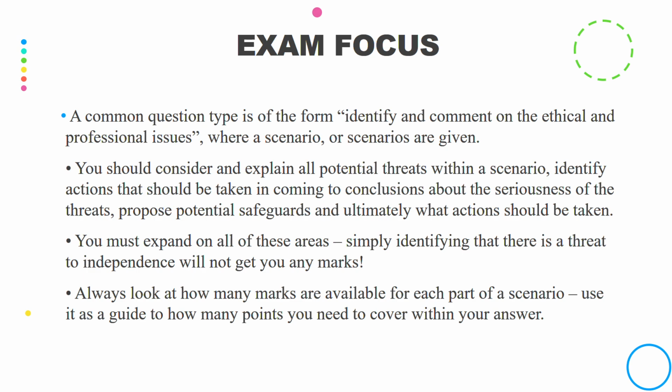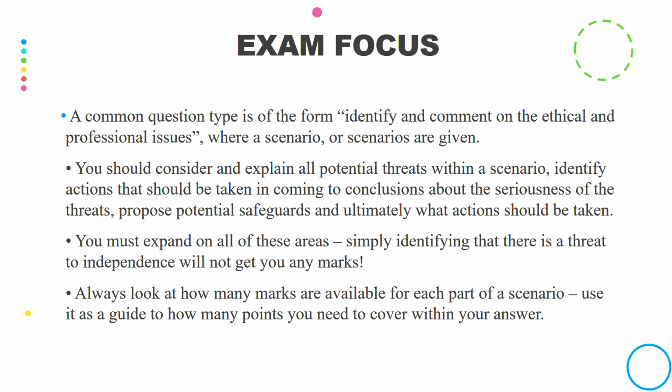You have to tell them that they have to do this. They have to apply this safeguard. You have to tell them in your answer. Then you must expand on all of these areas. That means when you are giving a threat, you have to explain it in detail. When you are giving a safeguard, you have to explain it in detail.